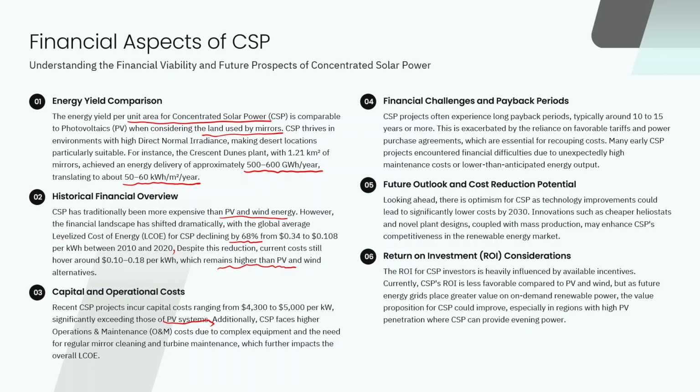Also, these have higher operational and maintenance costs due to complex equipment and the need for regular mirror cleaning, right? To keep the efficiencies up. So that makes the operational and maintenance cost also high compared to the PV.